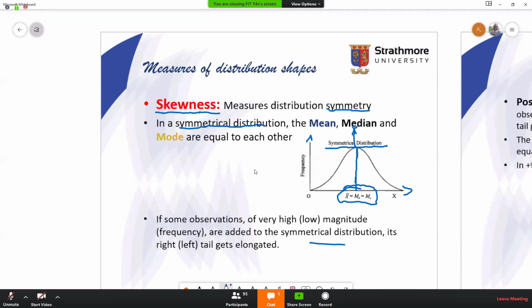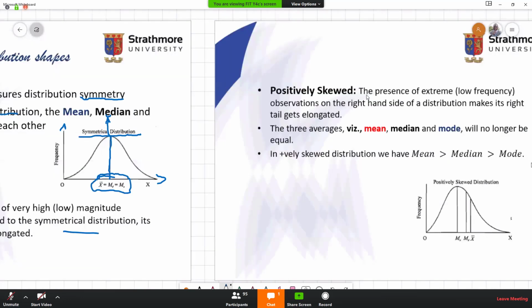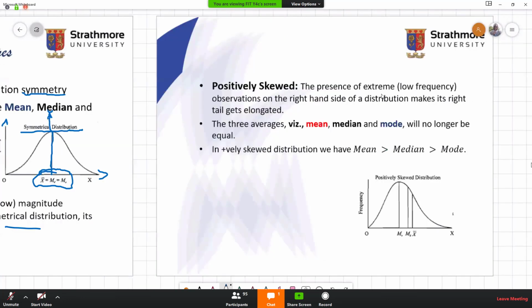Then we go to the other side, where we see a positively skewed data set. In a positively skewed data set, we have the presence of low frequency observations on the right. Low frequency means that here you can see frequencies are pushed downwards, so low frequencies are concentrated to the right. We call this a positively skewed data set.